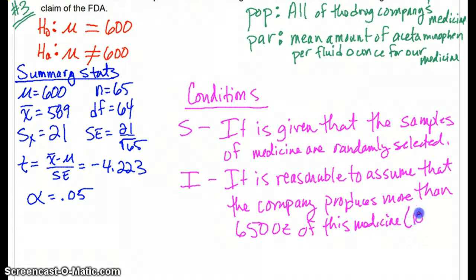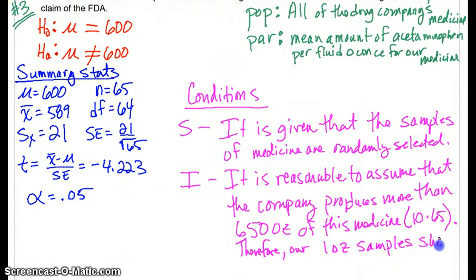Again, that's our 10% rule, so that's 10 times this 65, because we have 65 1-ounce samples, which means our 1-ounce samples should be independent.